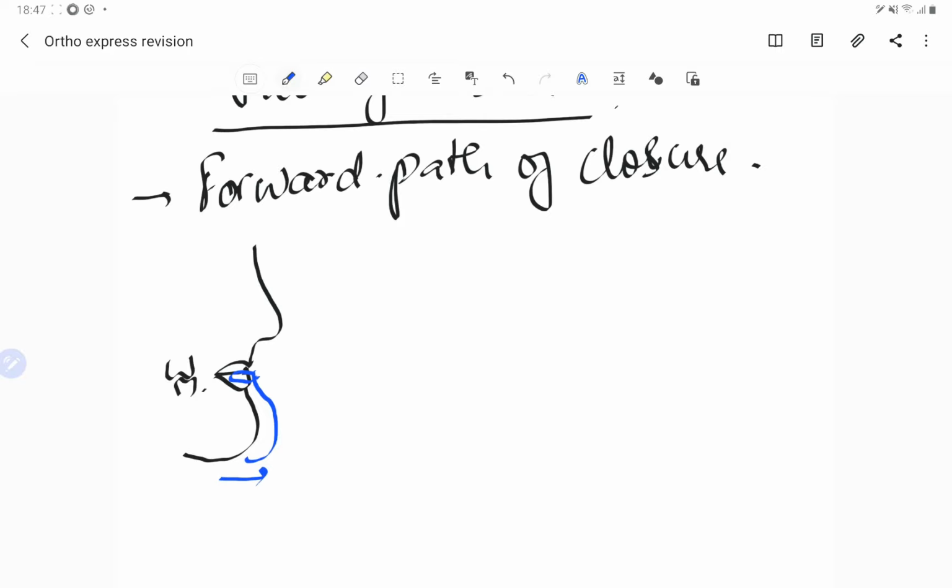That means while closing the mouth, the patient is guiding the mandible to a more forward position. And why is it happening so? Because the habitual position is such that the person is having an edge to edge incisor contact.